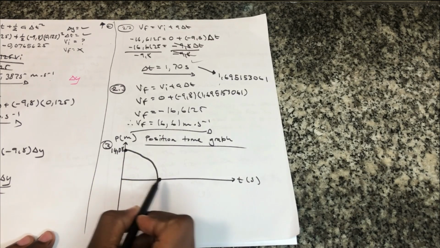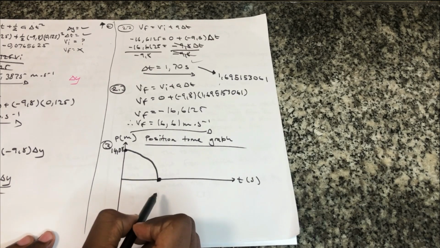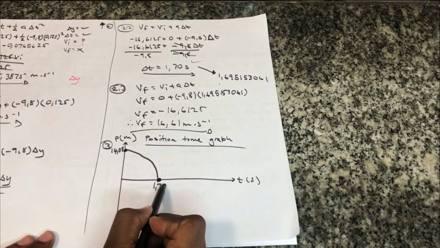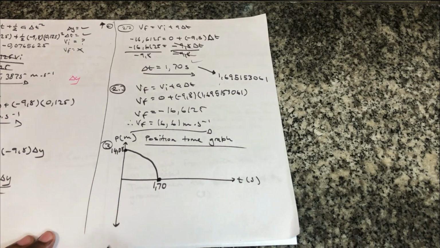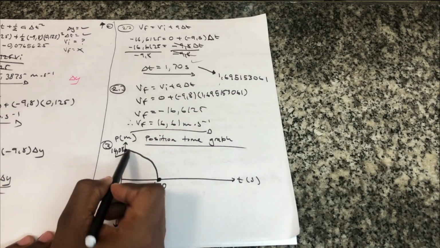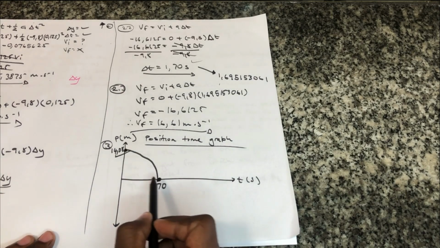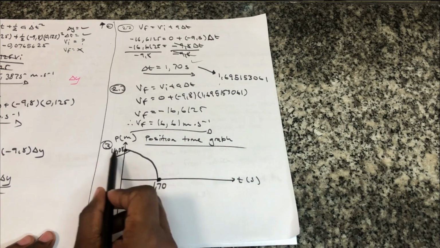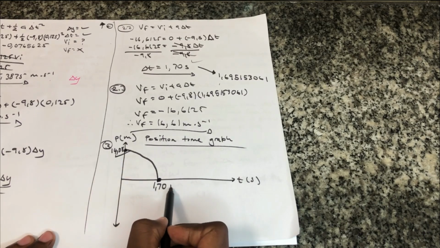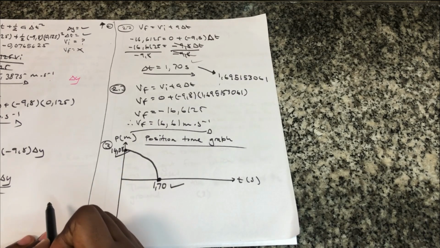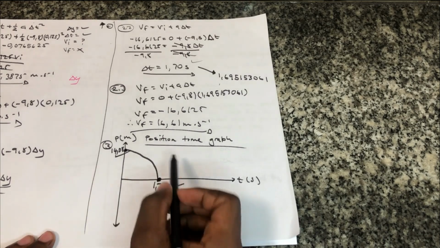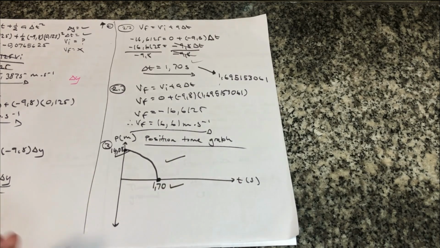The time it took was 1.70 seconds, and that's how it goes. The marks awarded here are for the height above the ground being shown, as well as the time taken by the ball to hit the ground, as well as the shape. It's not on scale, guys, please forgive me. And that's how it's basically going to look.